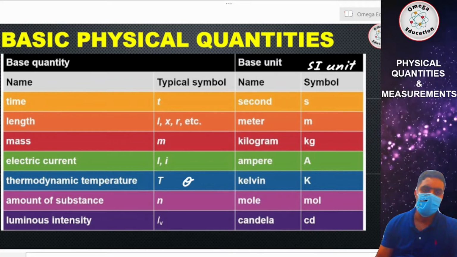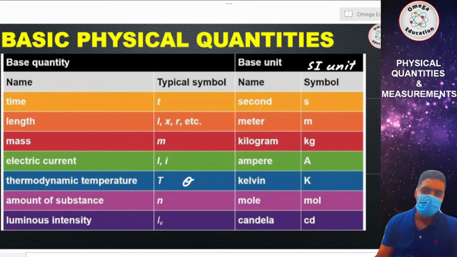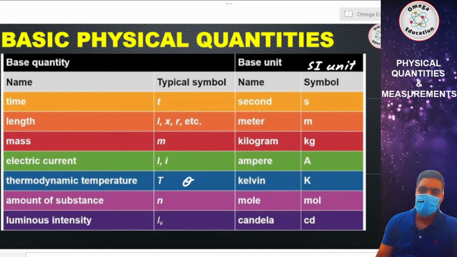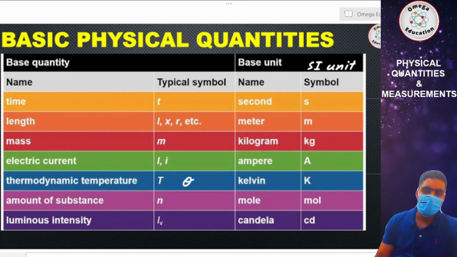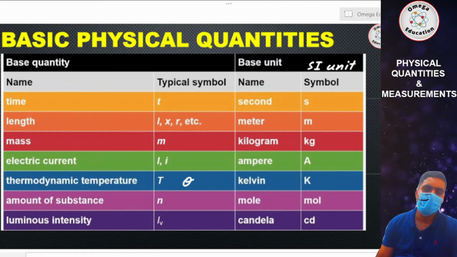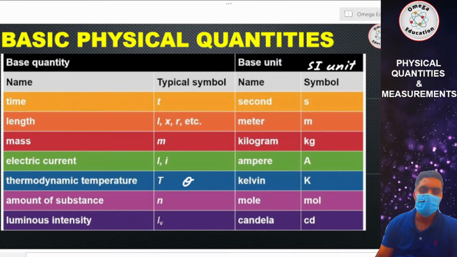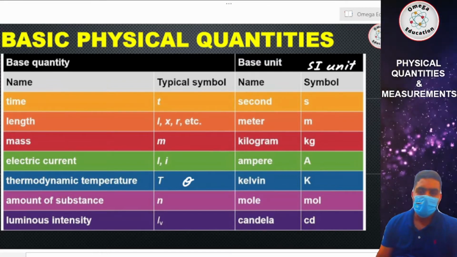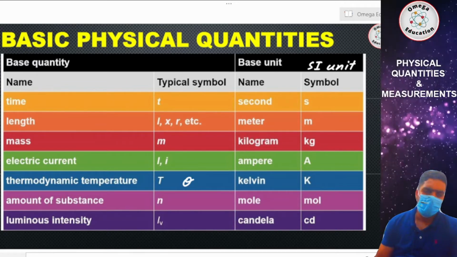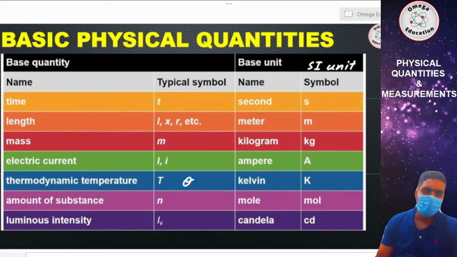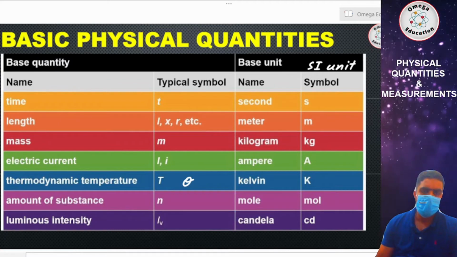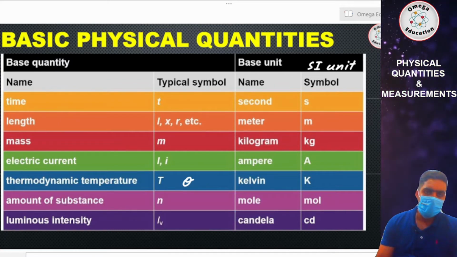Amount of substance, in chemistry we have a full chapter dedicated to it, is measured in moles. Luminous intensity, meaning intensity of light, is measured in candela. We don't have to do much with the last one in our physics syllabus, but the starting ones will be used plenty of times.